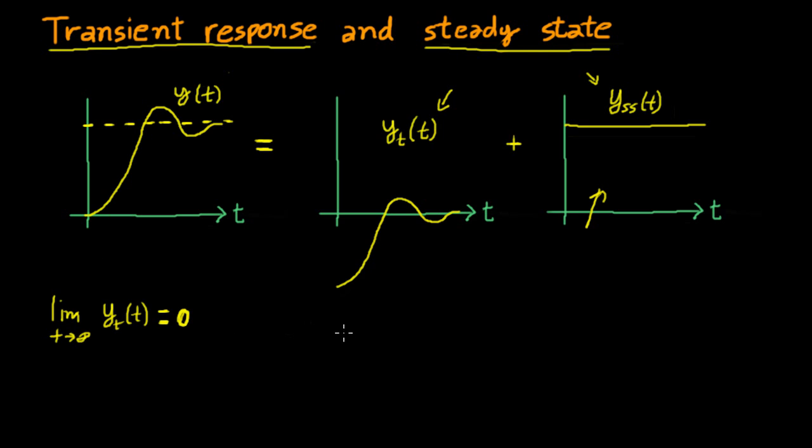Well, obviously, if the input u of t keeps changing, it is very hard to distinguish what is transient and what is steady, because the input itself is not steady.